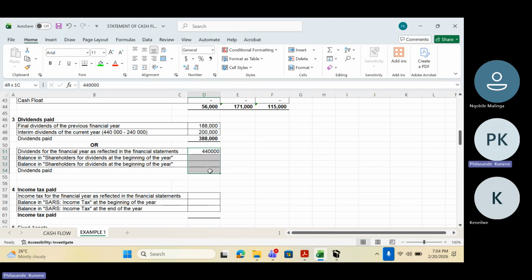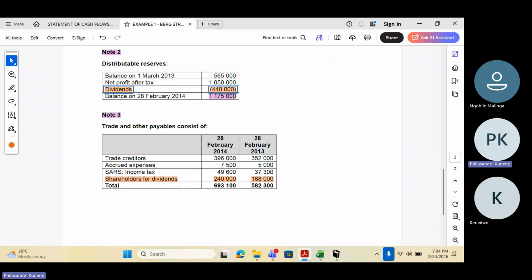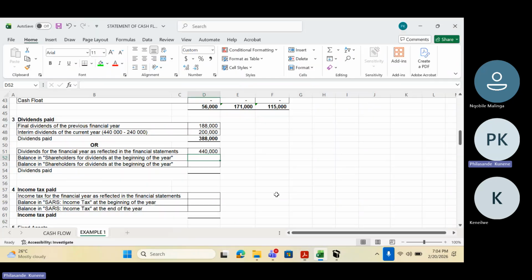And then the second part, what does it say? Balance in the shareholders for dividends at the beginning of the year. That I need to add. That is 188,000 rands. So I need to say plus 188,000 rands. And then balance in the shareholders for dividends at the end of the year.